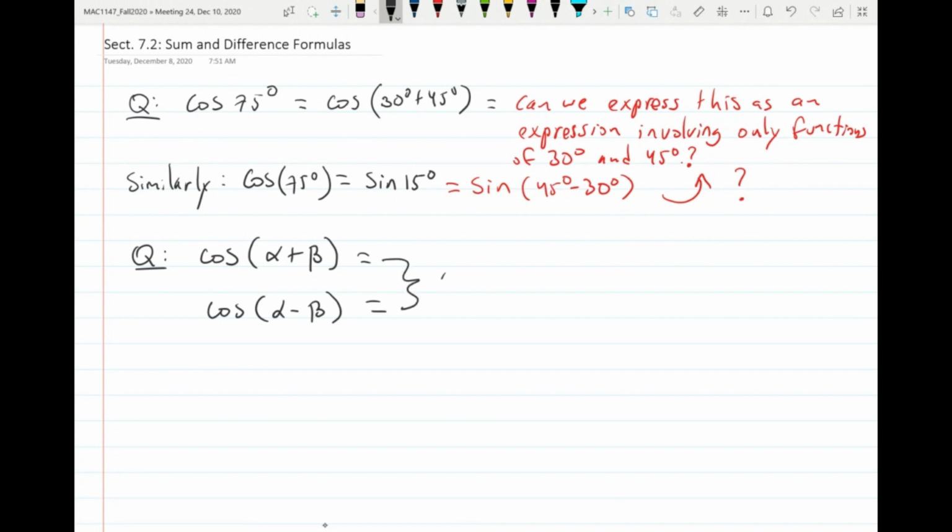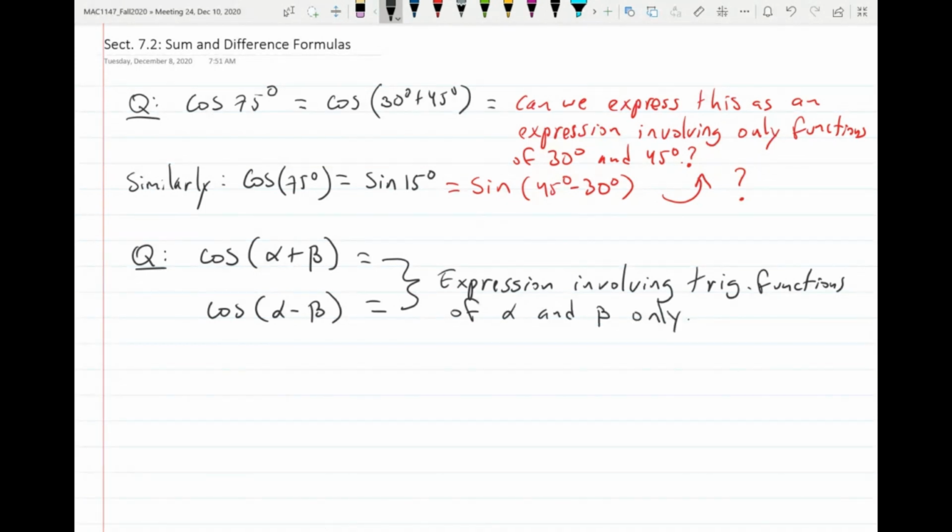We would like to write this as an expression, so we want to find an expression involving trigonometric functions of alpha and beta only. We would like to somehow do a kind of splitting of an expression like this. And then, of course, similarly for the sine function, but like I said, we're going to treat the sine later.